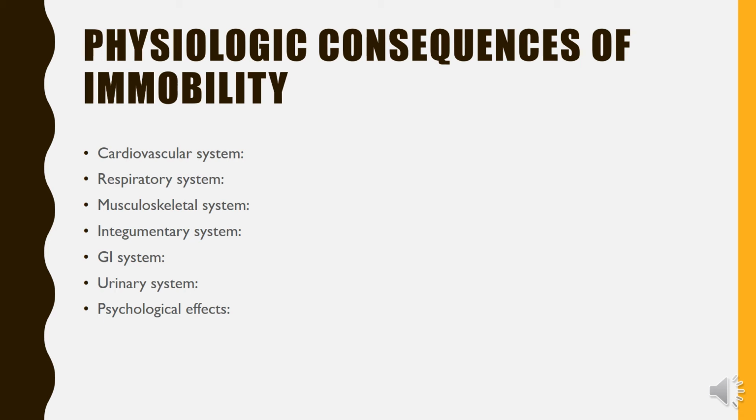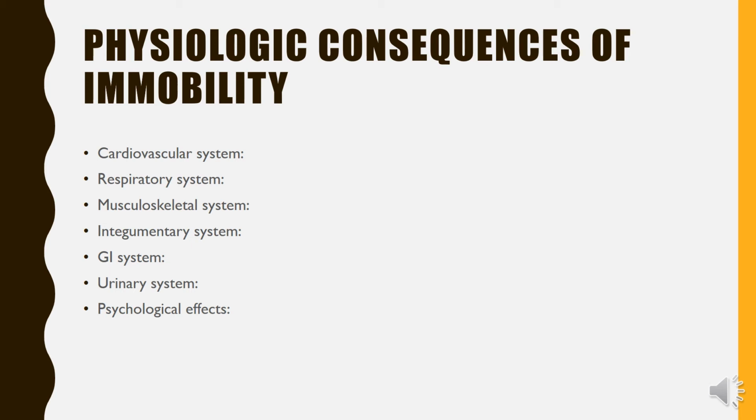Oftentimes that means that we will discuss their care with them, and we will allow them to make decisions regarding the care they are receiving so that their independence remains as intact as possible. You may take care of paraplegic patients or quadriplegic patients who seem very demanding of you as their nurse.